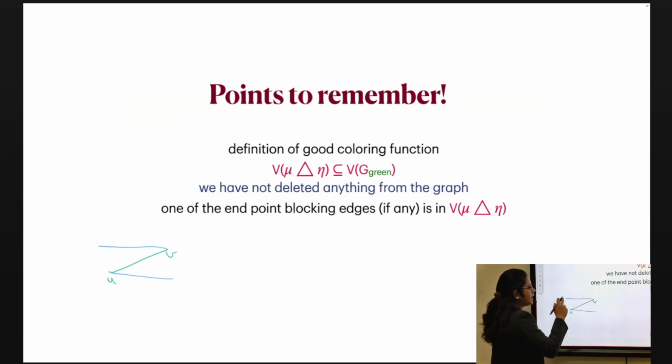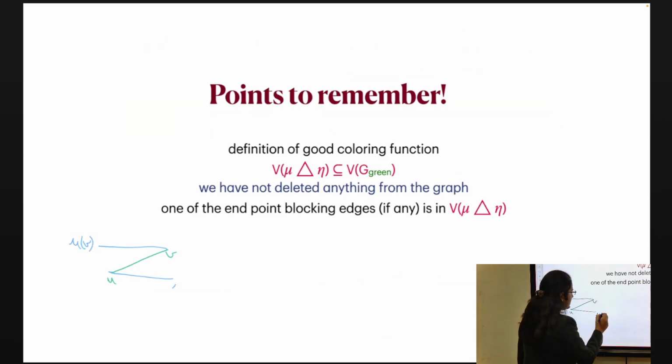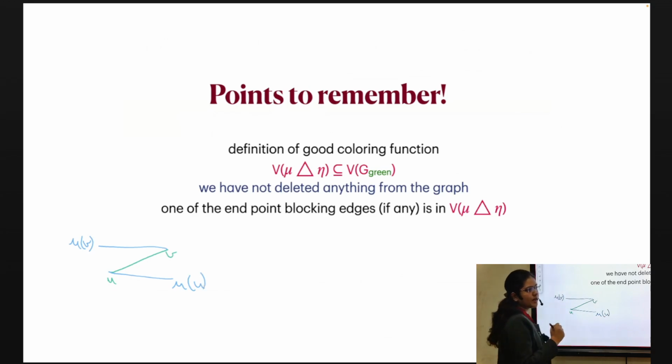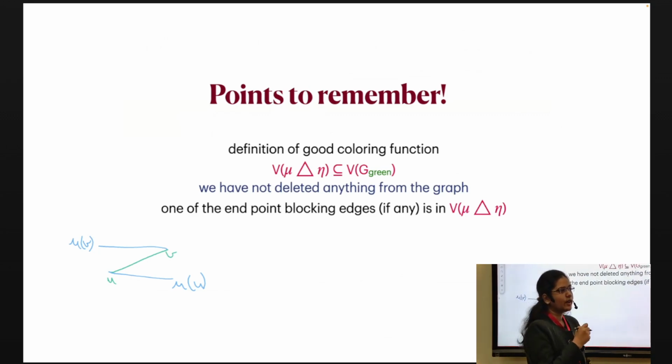It means that V is matched with mu's partner, which is the same as mu V, and this is also mu U, correct? Now if it is a blocking edge, what does it mean? U prefers V more than mu U, correct? And V prefers U more than mu V. So UV is a blocking edge in mu, but mu is a stable matching. So it cannot happen.